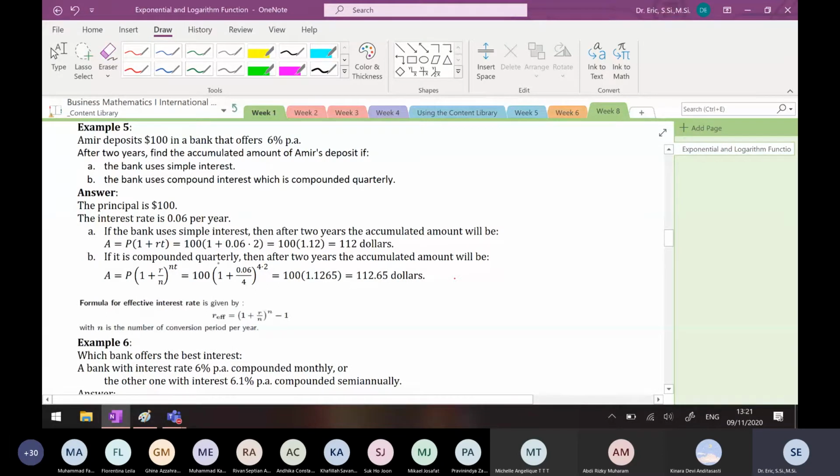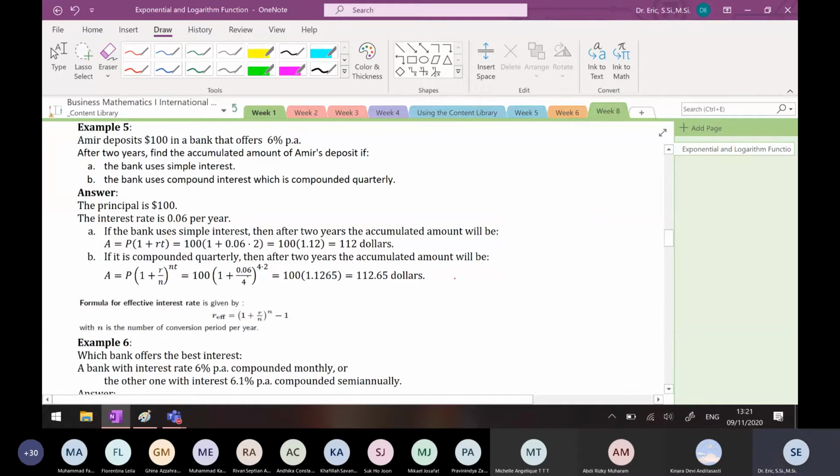Don't forget quarterly. So in a year, the deposit with the interest is compounded 4 times. So I have 0.06 divided by 4. And for 2 years, it is compounded 8 times. 4 times 2, that is 8.